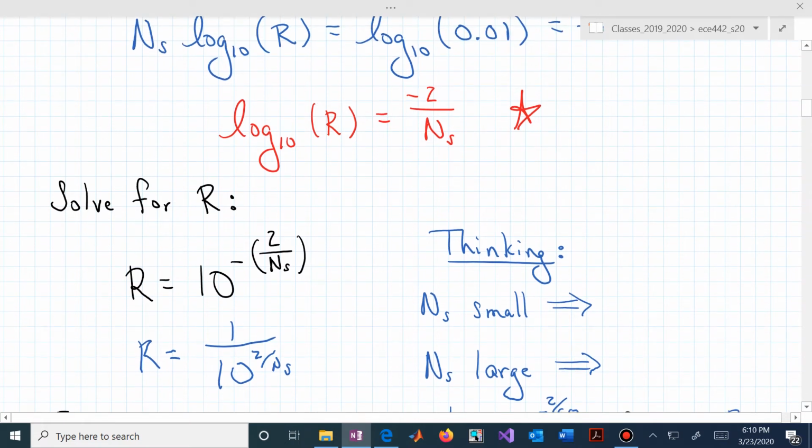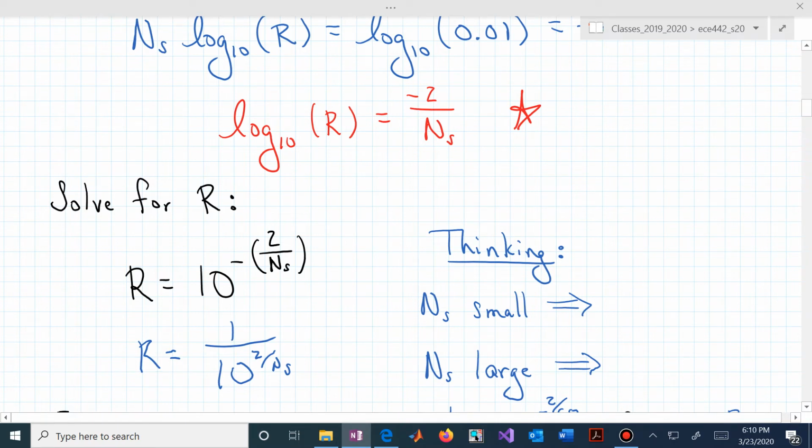Maybe that makes it a little easier, maybe not, because n sub s is now in the denominator of an exponent. But let's say that n sub s is small. If n sub s is small, then relative to a larger, or maybe we look at a big n sub s first. So let's let n sub s be really big.